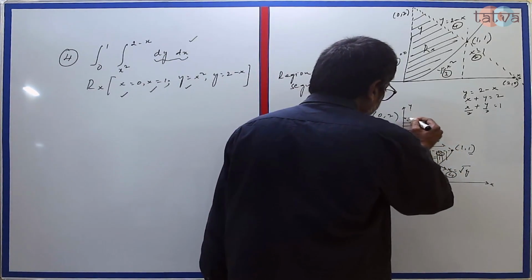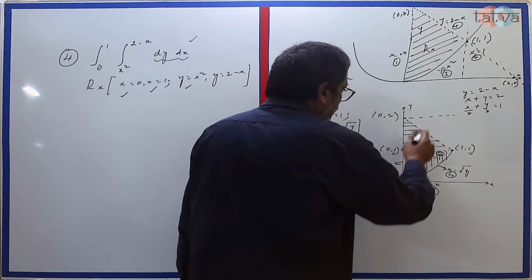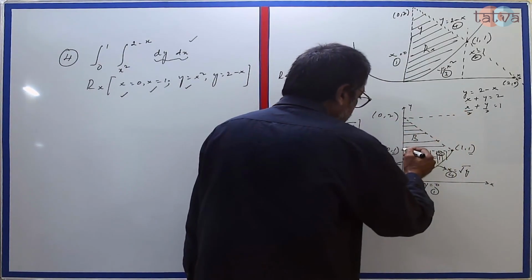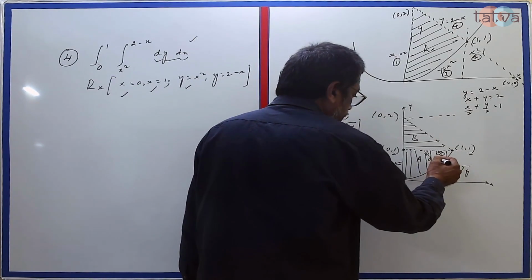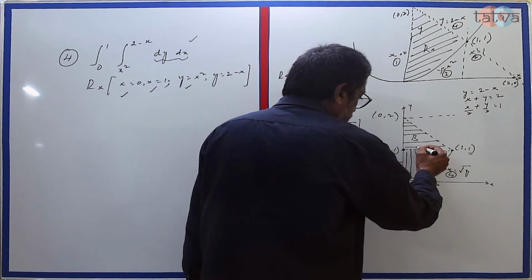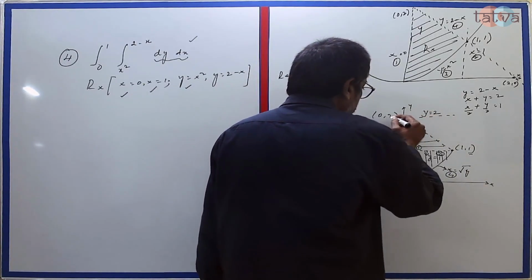So I'll have to see it within horizontal lines. This is the lower horizontal line and the upper horizontal line. This lower horizontal line already has been fixed as the equation y is equal to 1. So I'll call this 1 now. This will be y is equal to 2.